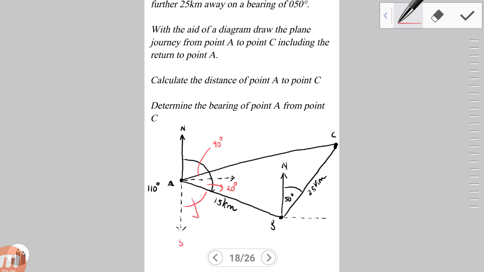So we would have known here that this angle here is going to be 70 degrees, because 110 from 180 gives us 70 degrees. So these little pieces of angles may come into play later on, depending on the question that is being asked of us.